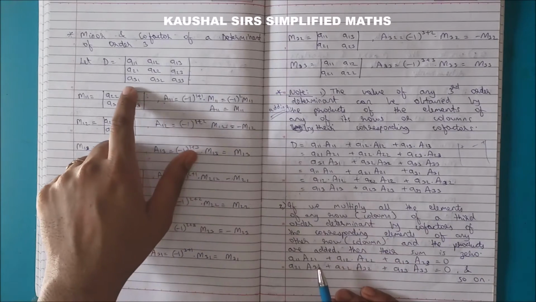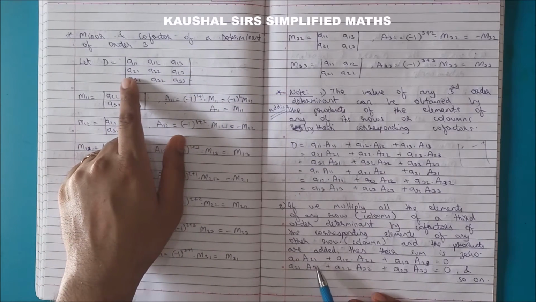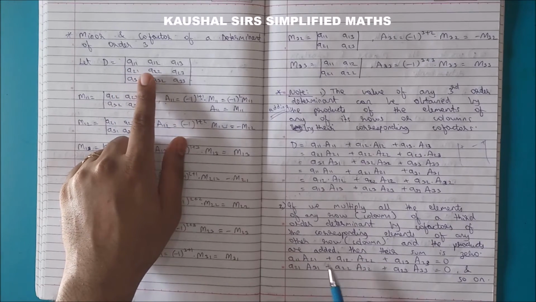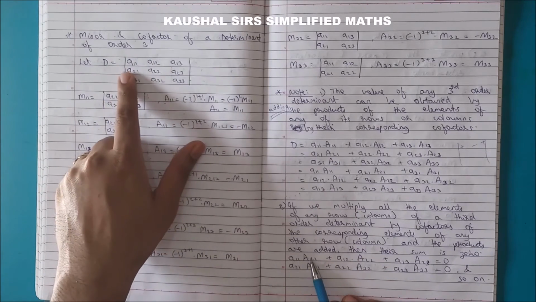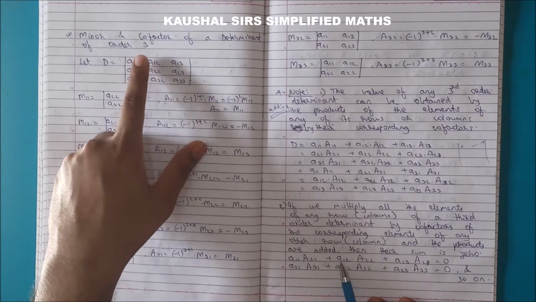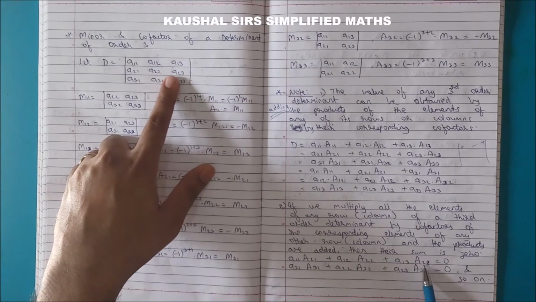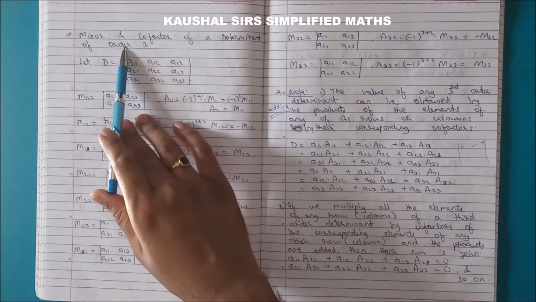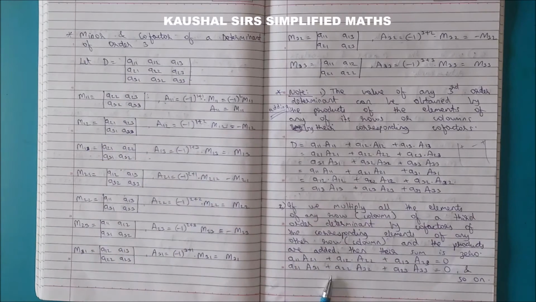Suppose you are taking the first row elements and the cofactors of the second row elements. If I find their products and add, meaning A11 into the cofactor of A21 plus A12 into the cofactor of A22 plus A13 into the cofactor of A23, your answer would be 0. Likewise, if I take the first row elements and multiply with the cofactors of the third row elements and add, I will get 0.